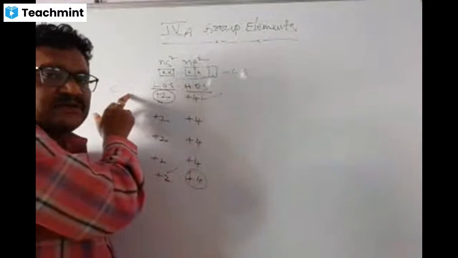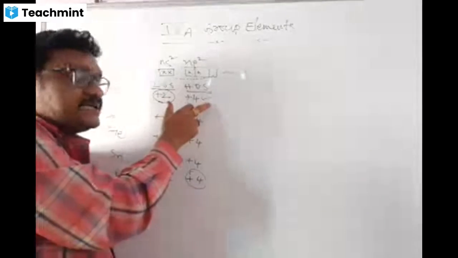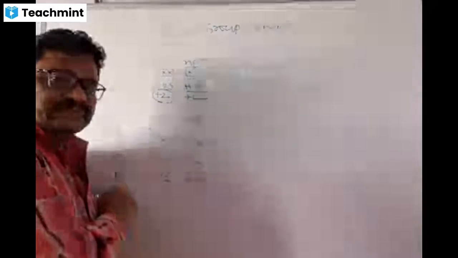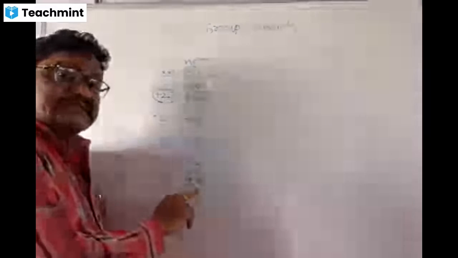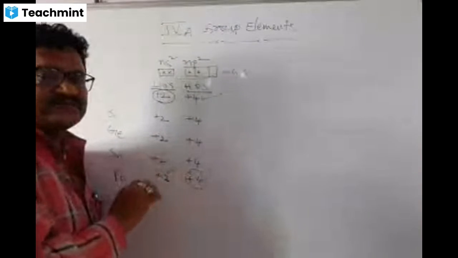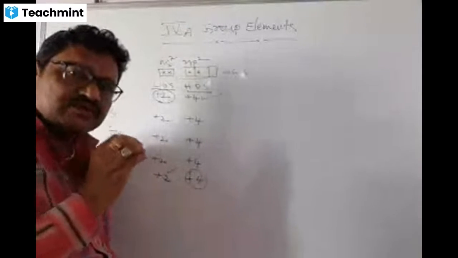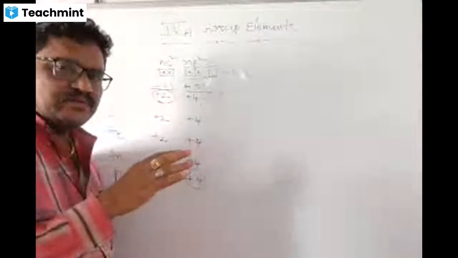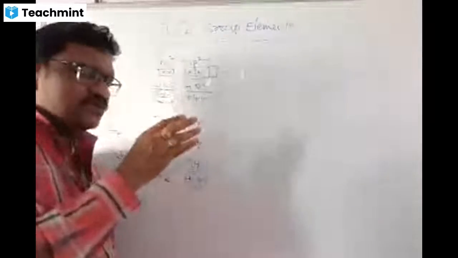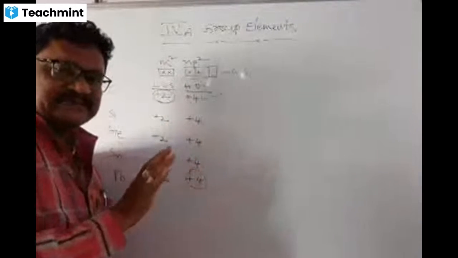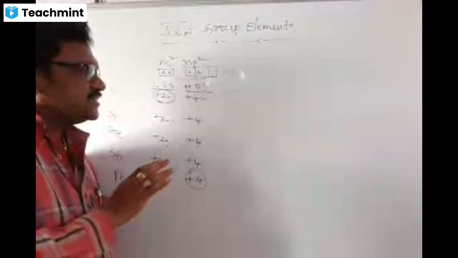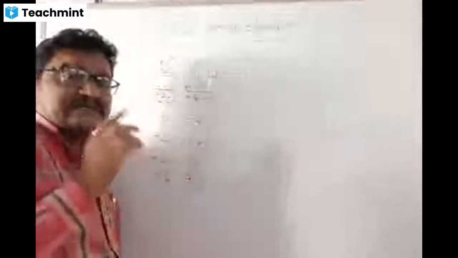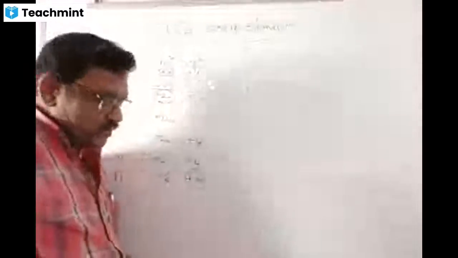Oxides of carbon are acidic and covalent in nature, but oxides of lead are basic and ionic in nature. These are the important features you have to remember when you go through the oxidation state of any group. In every group, the trends will be like this.